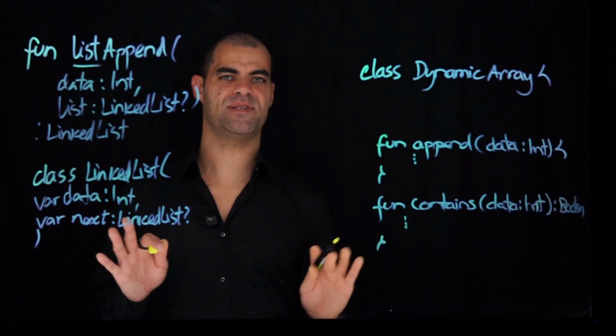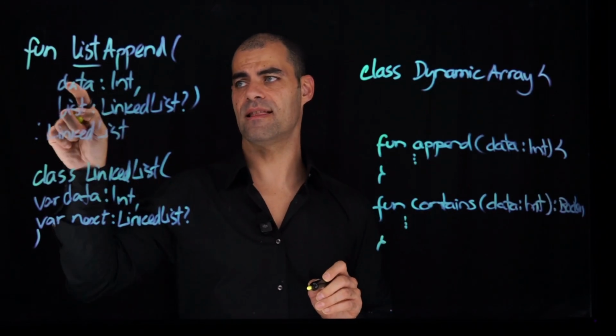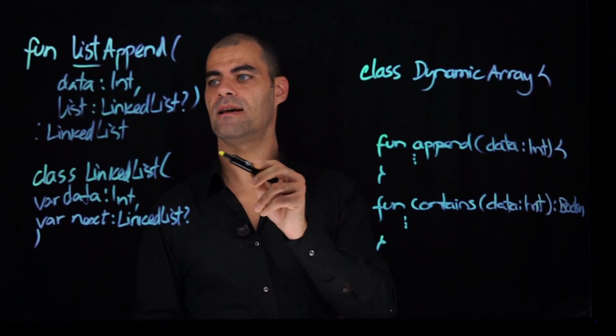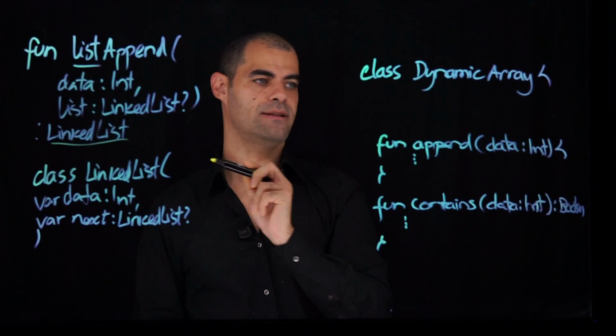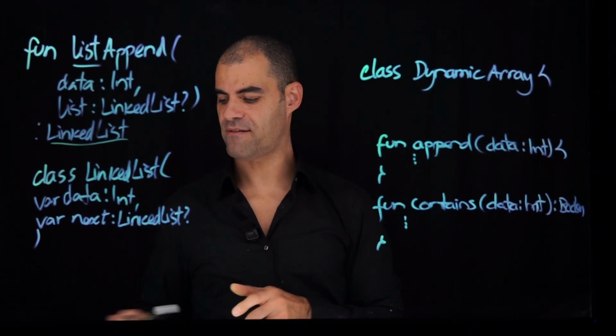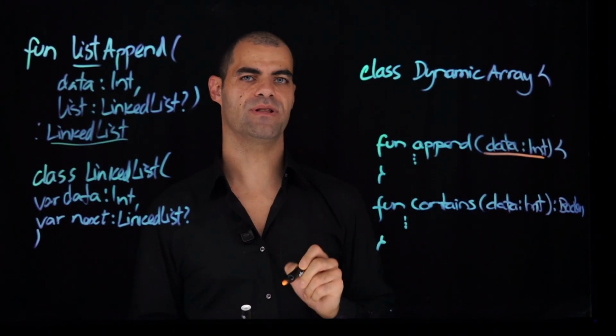And you probably see the contrast already. Before we had list append that gets some data and a list, and would return also a list, right? And here, the function append does not have the list parameter and also does not return a new list.